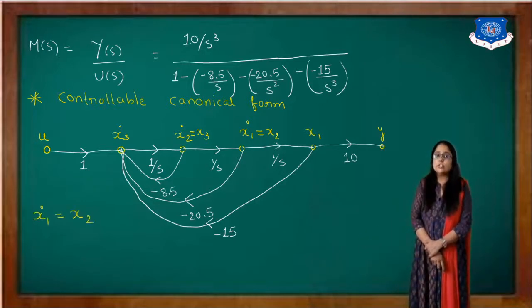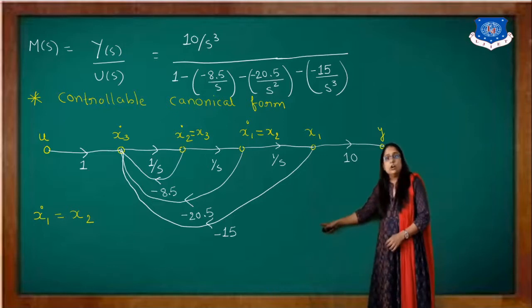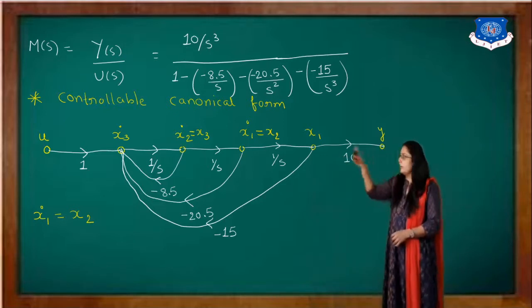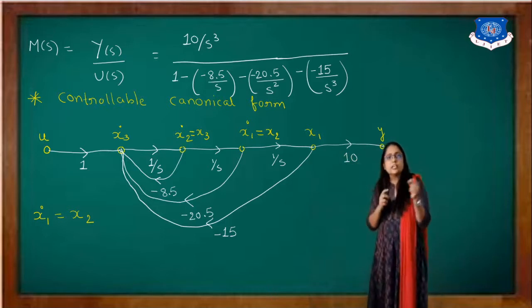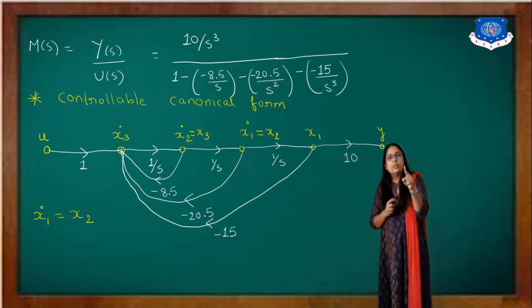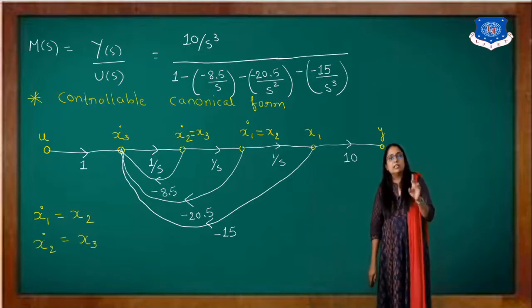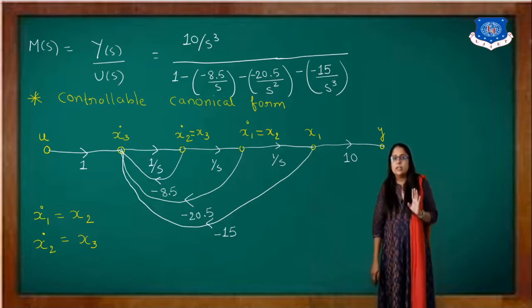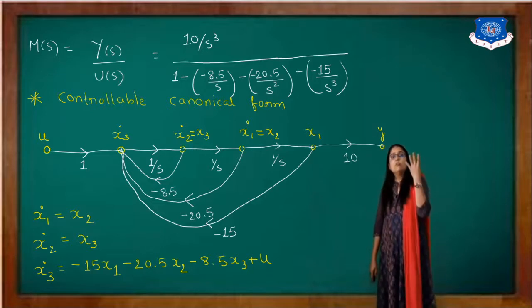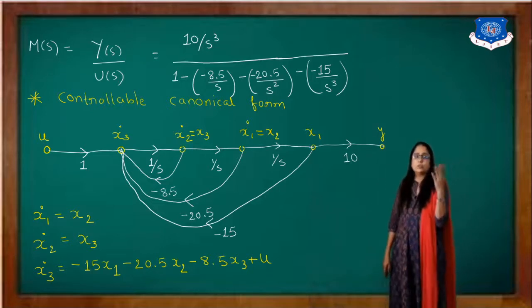We will write the equations. x1 dot: from the x1 dot node, you just check the incoming arrow. There is only one, x1 dot equals x2. Now x2 dot equals x3, that is already there. Then x3 dot: we have 4 incoming arrows.